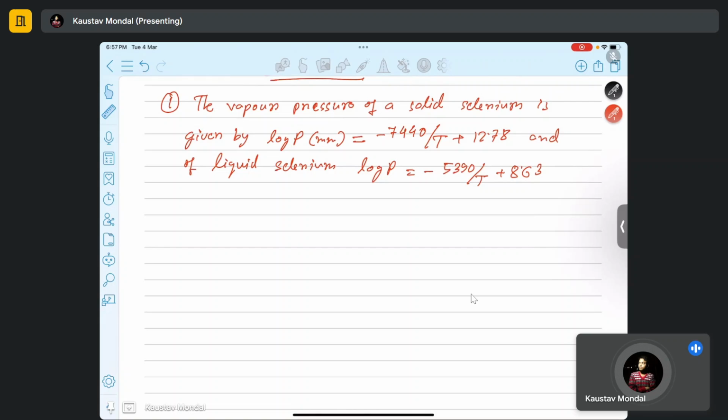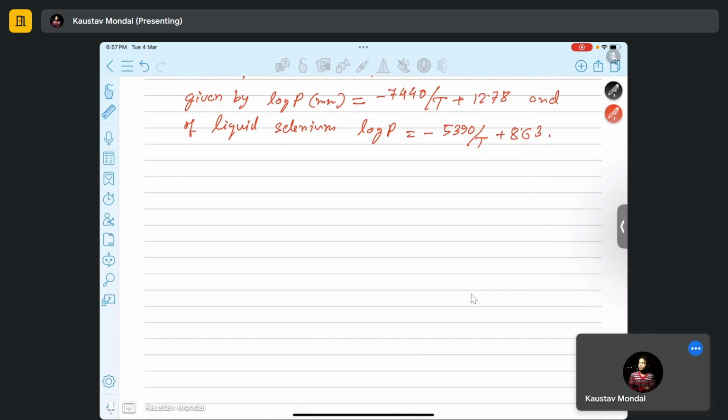Then you are asked to find out the triple point temperature, in degree centigrade, of selenium.